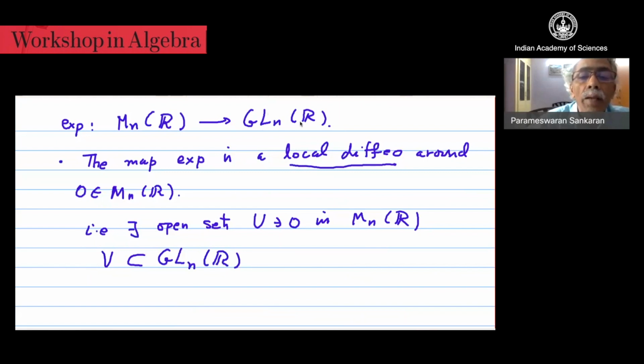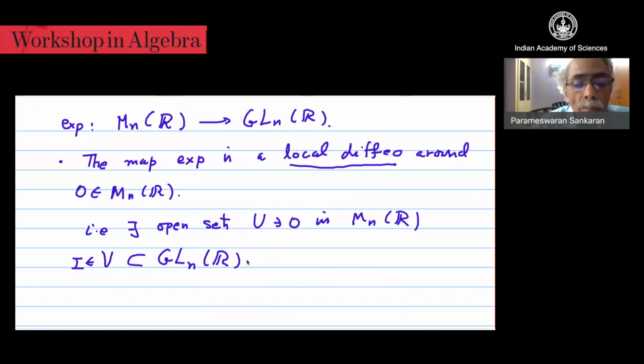GLn(R) has two components, those with positive determinant and those with negative determinant. And this goes to those with positive determinant, because we already saw that the determinant of an exponential is the exponential of the trace of A. So the exponential of anything is positive. Therefore it goes into GLn(R) plus, but let's not worry about that. And this contains the identity matrix, which is the image of the zero matrix under exp. The image of 0 is the identity matrix, and V is an open set.